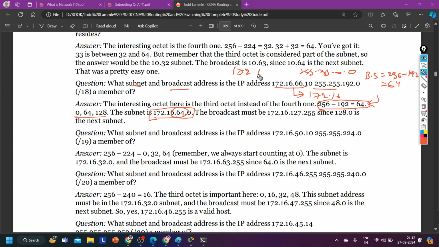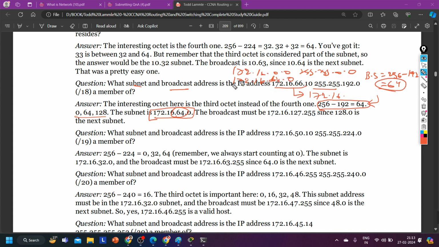The first network is going to be what? 172.16.0.0. The second network is going to be what? 172.16.64.0. Why 64? Correct. So the block size is 64.